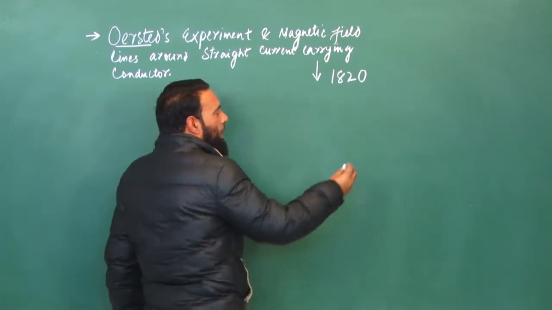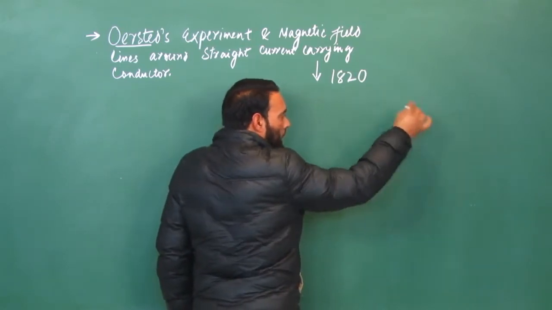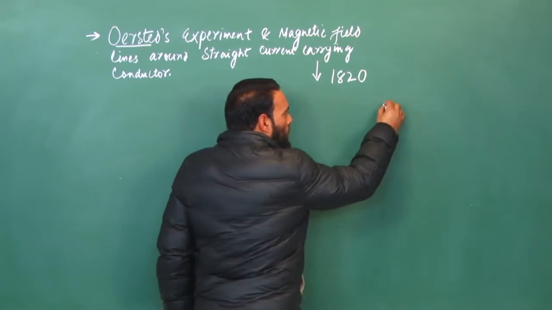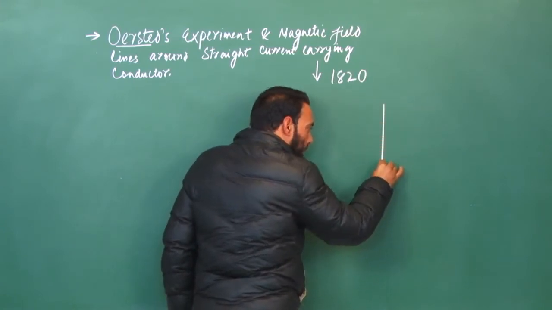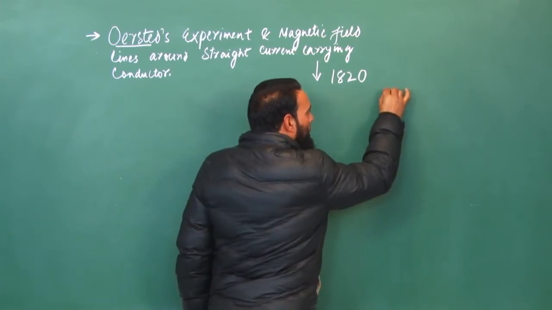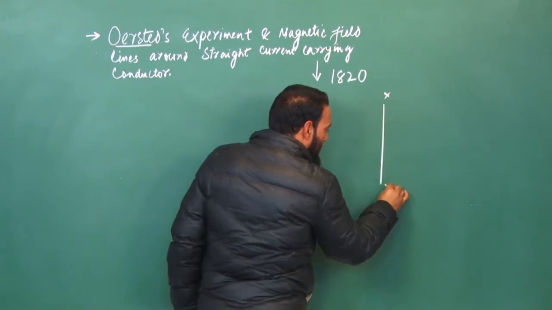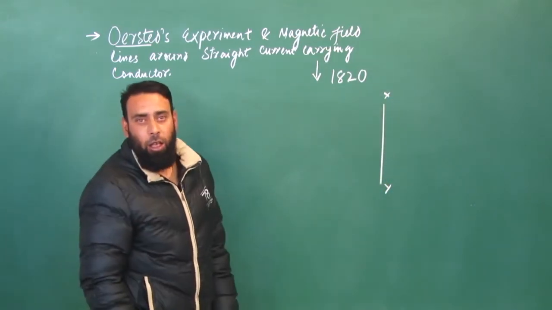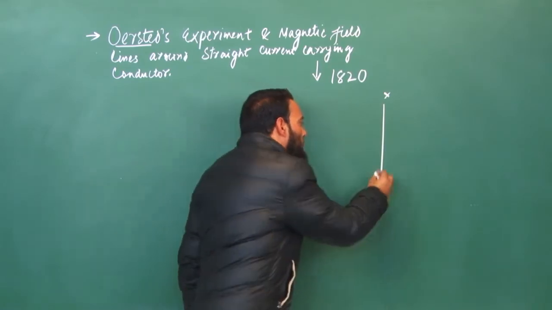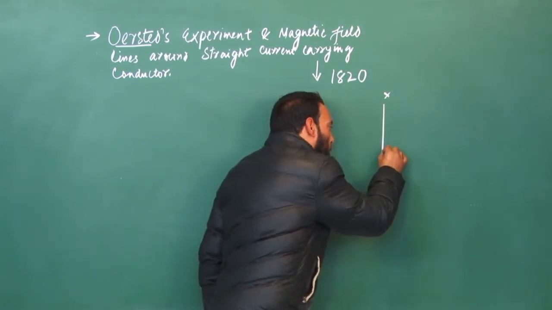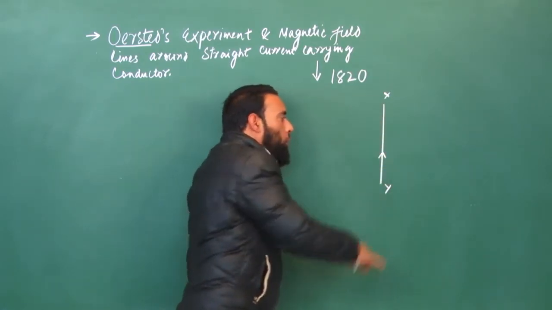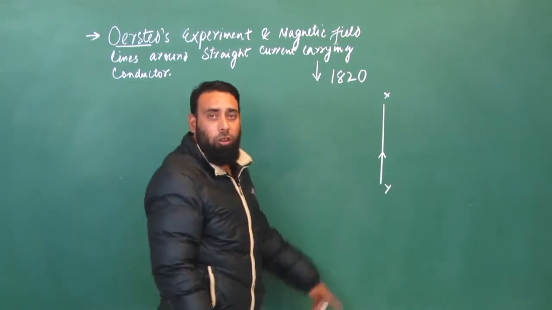As per Oersted's experiment, he used a straight conductor. Let this be the conductor XY, and let the current flow through this conductor from Y to X, that means from bottom to top.